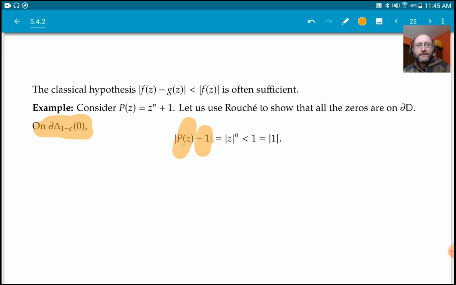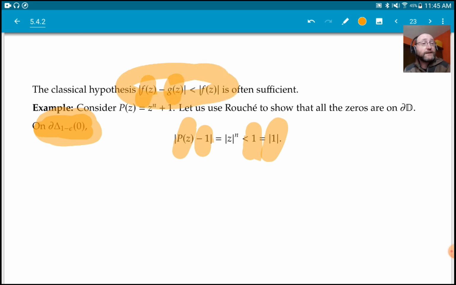So p would be my g and 1 would be my f, right? But p minus 1 is z to the n. The absolute value of that is the modulus of z to the n. And because we're on this slightly smaller circle, that's less than 1. 1 minus epsilon is less than 1. So, well, that's less than the modulus of 1, right? So if f is 1 and g is p, we're satisfying this inequality, right?